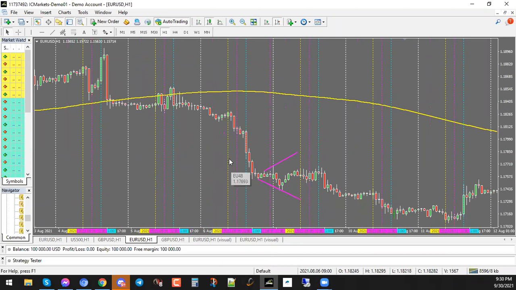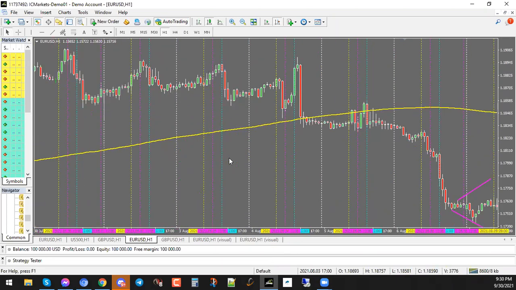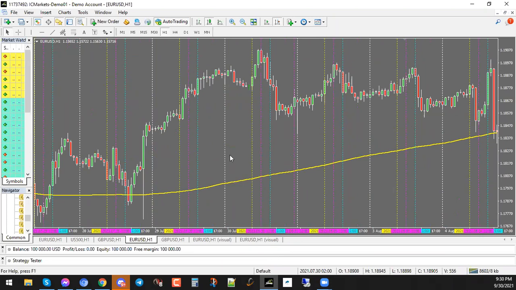So let's see here. What else do we have? Okay, I'm looking. All right, this one looks interesting. All right, so this is the highest point that the price came to, connected to the next swing high.